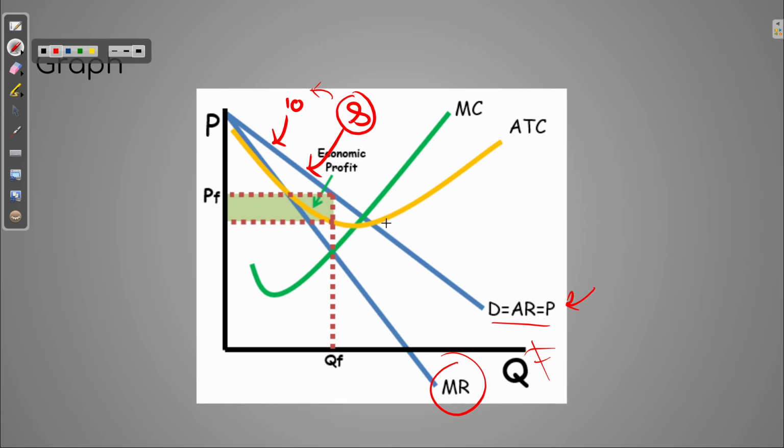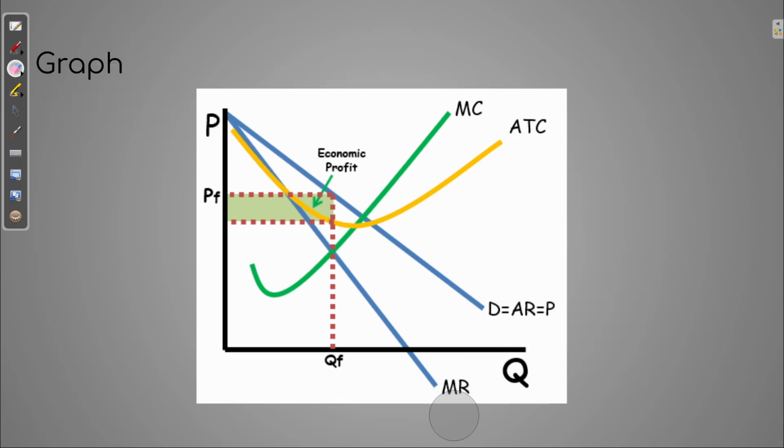Okay, so where will a monopolist operate on this graph? Well, you're still going to follow the golden rule, quote unquote, which is to produce where MC equals MR. So they're going to produce here. As you can see, it kind of says the profit already, but I'll get into that.